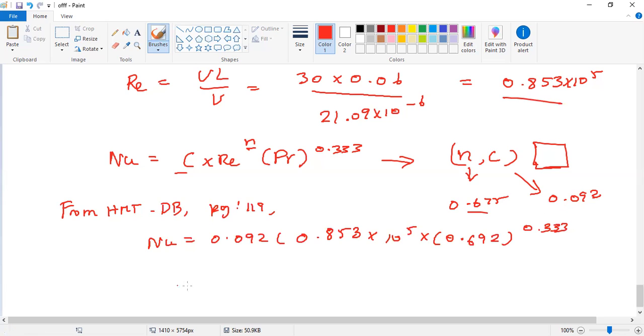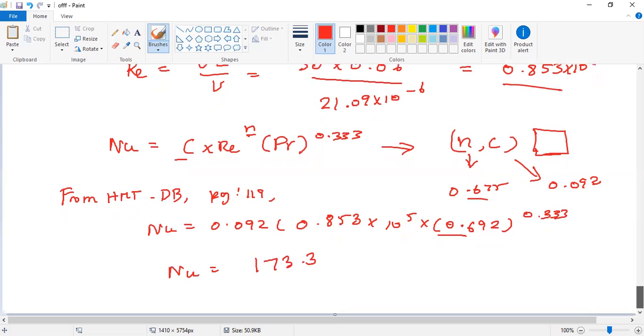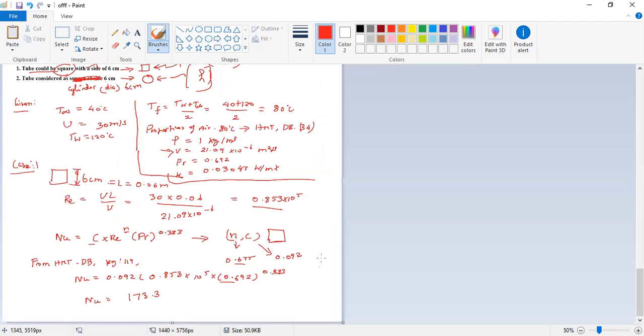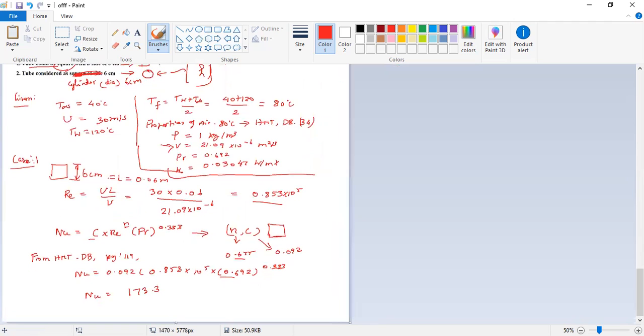We solve the equation and get the Nusselt number as 173.3. Based on the Nusselt number, we find out the heat transfer coefficient from Nu equal to HL divided by K.